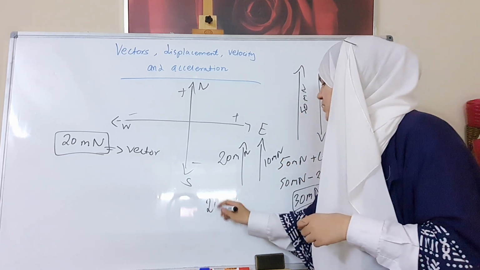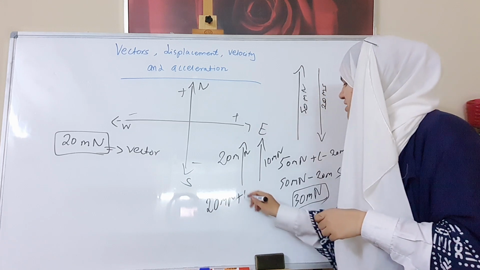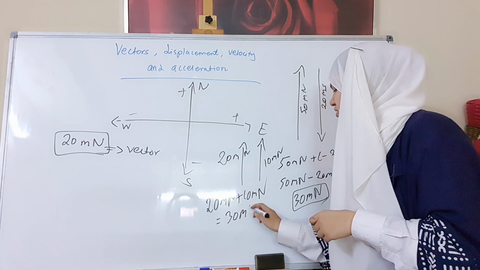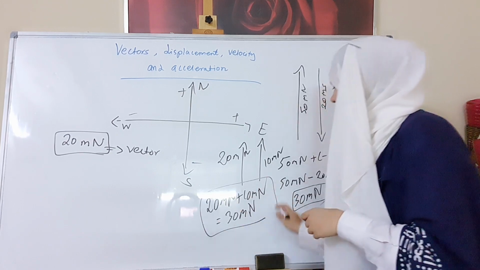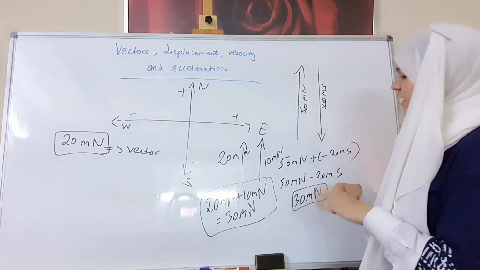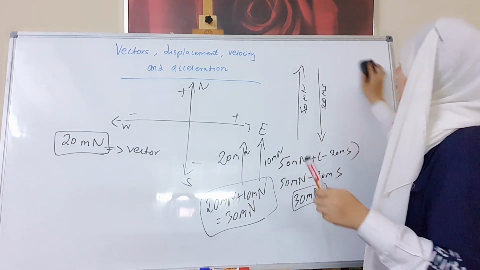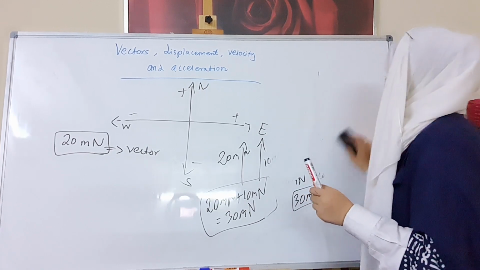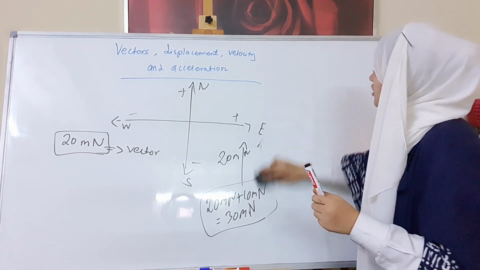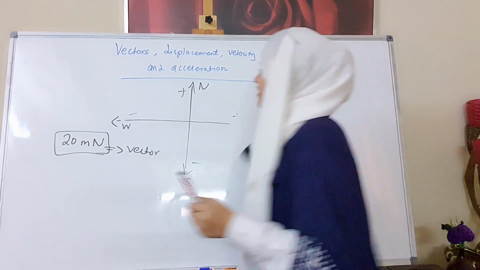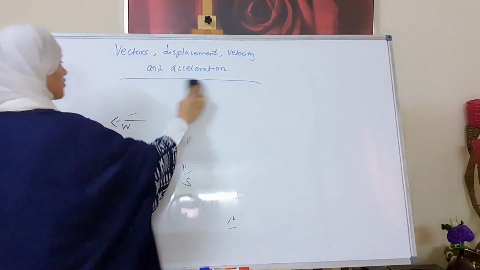So this time it will be 20 meter north plus 10 meter north, which is equal to 30 meter north. Right? So it will be the same with east and west. Okay? So in the same direction, it will always be adding together. But in different directions, it will be subtracting. But we will put the direction depending on the larger magnitude.